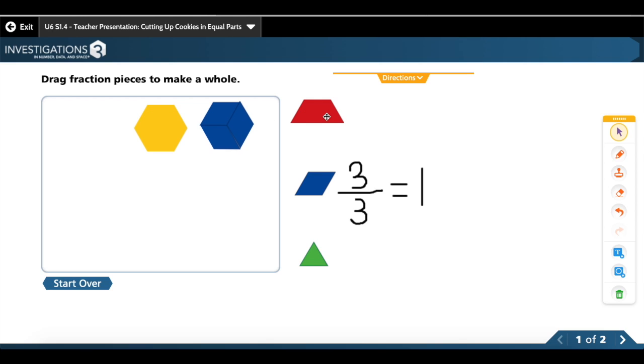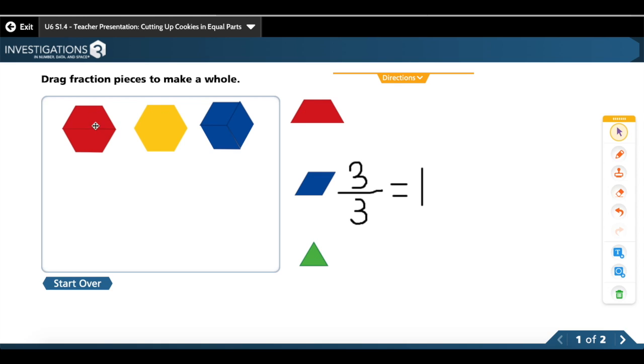So now I want us to think also with our red trapezoid. How many do you think that it will take? So I see that I filled, right now I have 1/2. So how many more will I need in order to make my whole? I'll need 1 more. So I have 2 trapezoids that make up 1 whole hexagon.